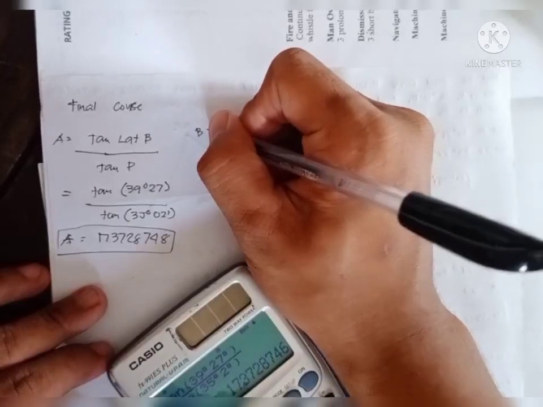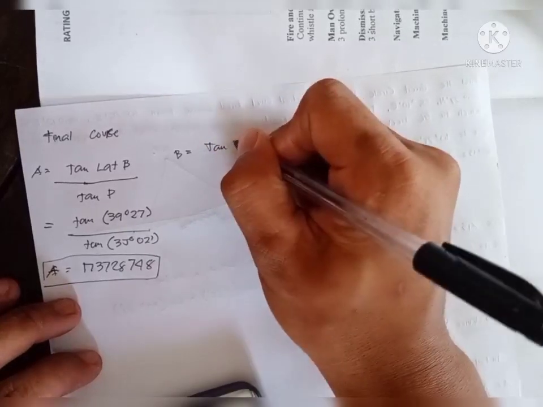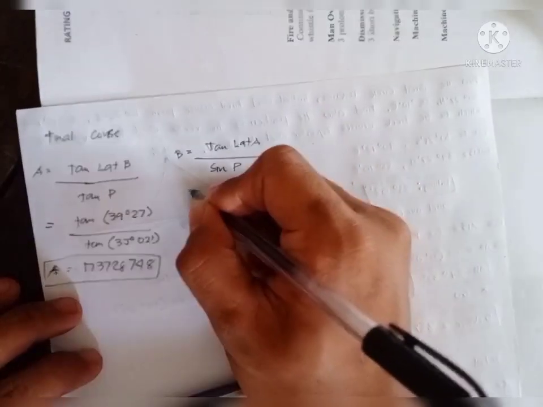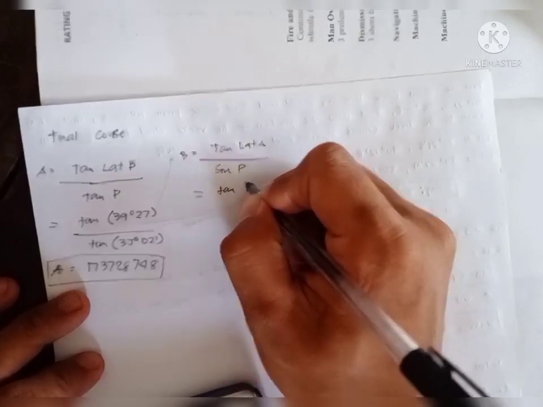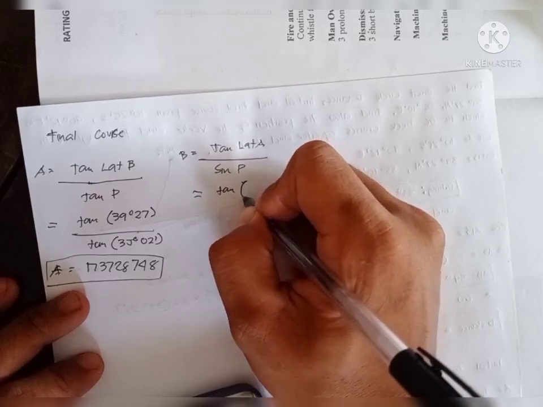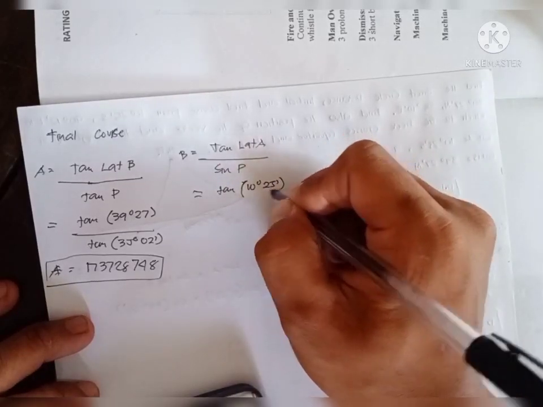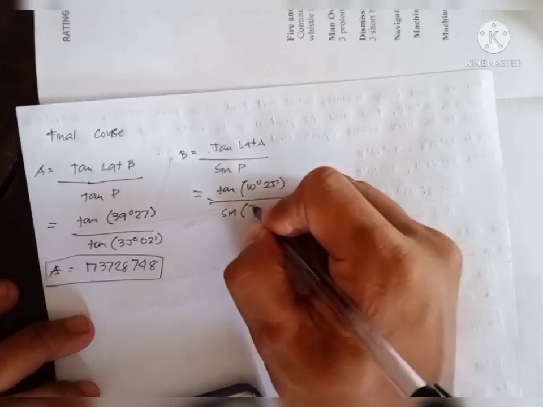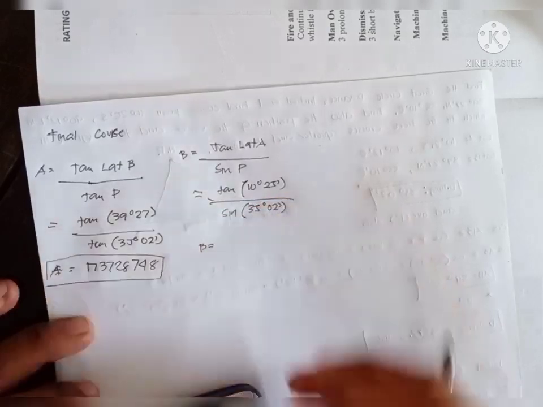To find the B, we use the formula tan lat A over sine P. So substitute the values. So tan 10 degrees 25 minutes over sine 35 degrees 02 minutes. So compute B, get our calculator.